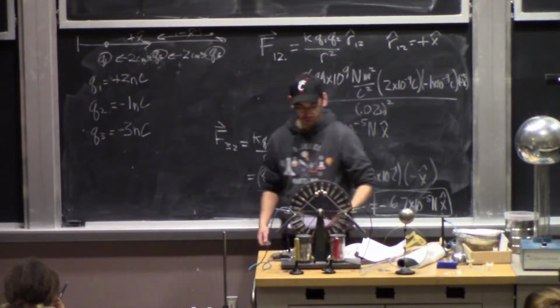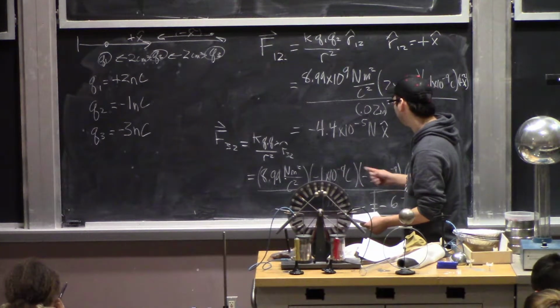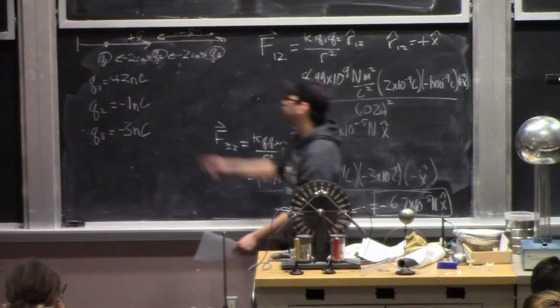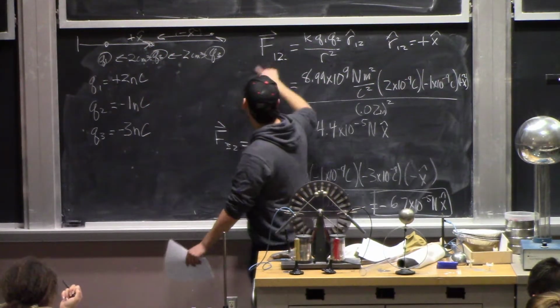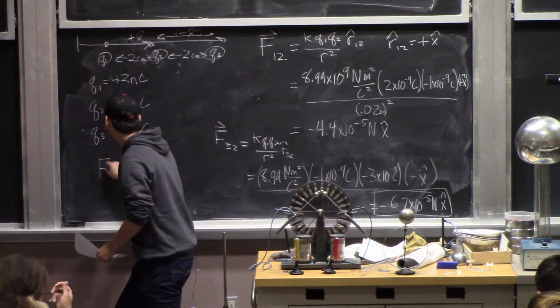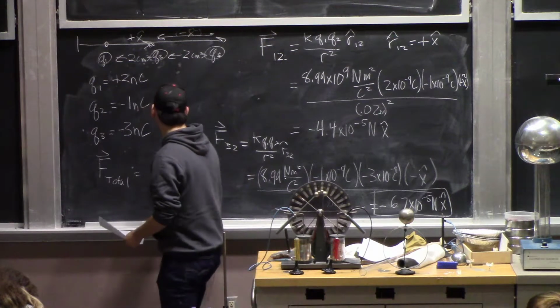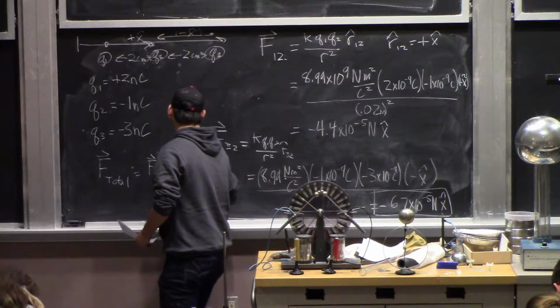Okay. All right. So now, the last thing is to find the total force on Q2. We impose the superposition principle and just add these two together. So F total is going to be equal to F12 plus F32.